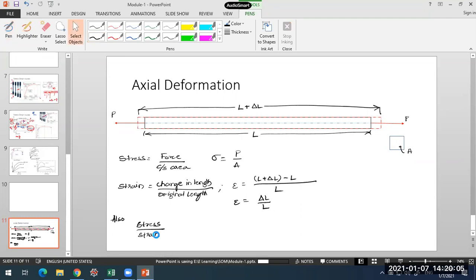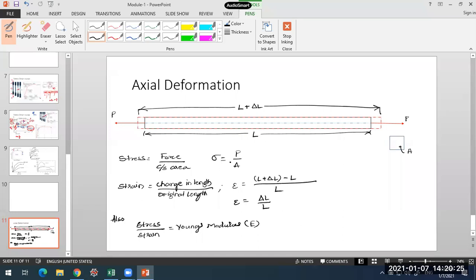So this ratio is constant as per Hooke's law. Within the limit of proportionality, or within the elastic limit, this ratio, stress by strain, is nothing but Young's modulus, that is E over here.